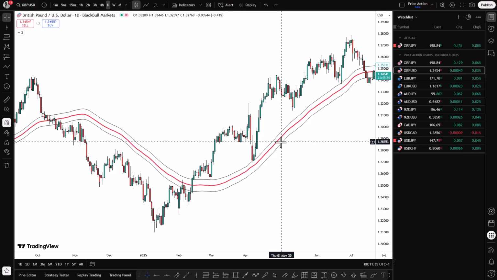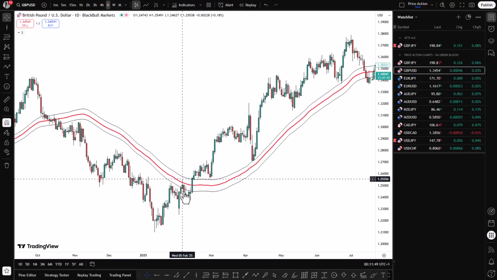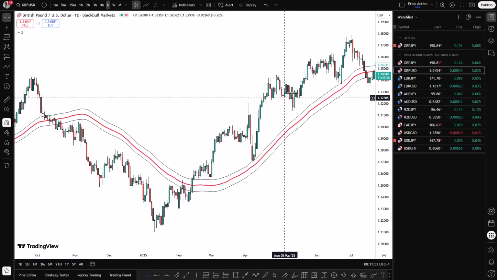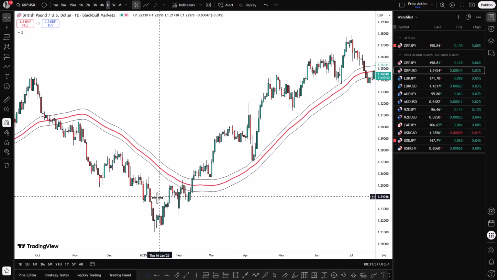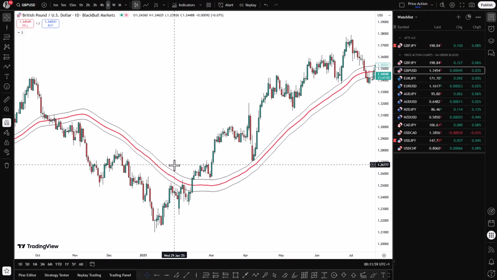So once we saw a weakness or a change in market structure on the DXY chart, which is telling us that the dollar is weakening, and once we saw also a shift in the market structure of the GBP USD currency pair, we would have taken another trade here, banking on the fact that since the DXY is weakening, every currency pair that has the United States dollar as the quote currency is going to be going up. And this is exactly what we see here.